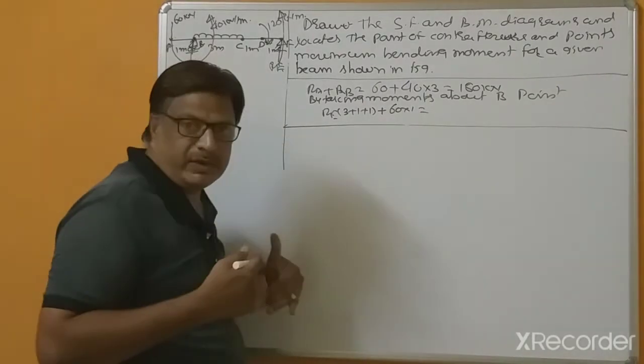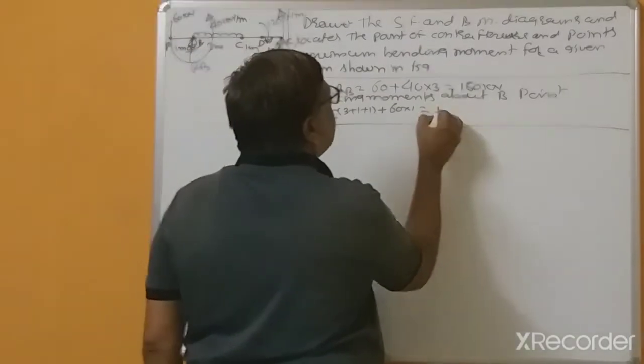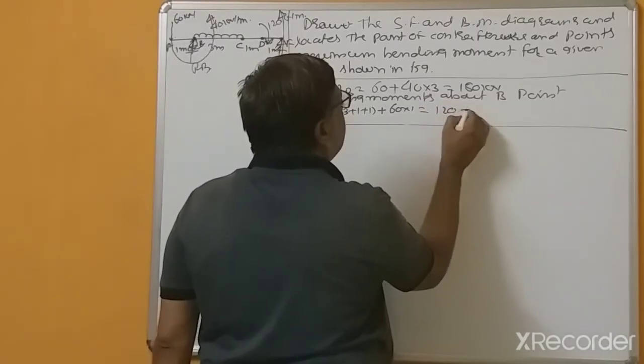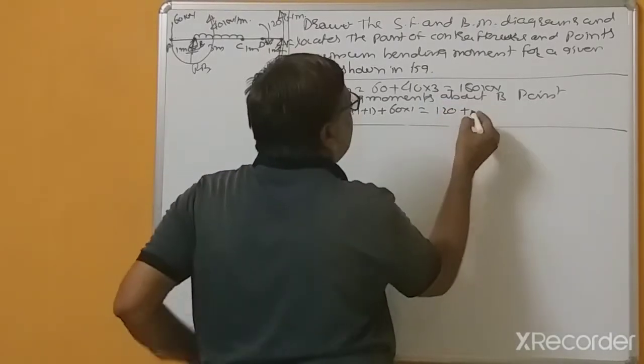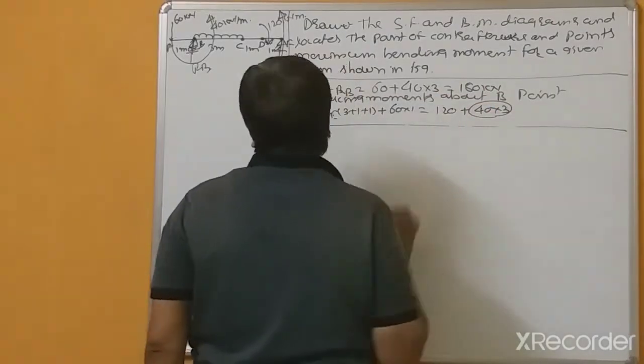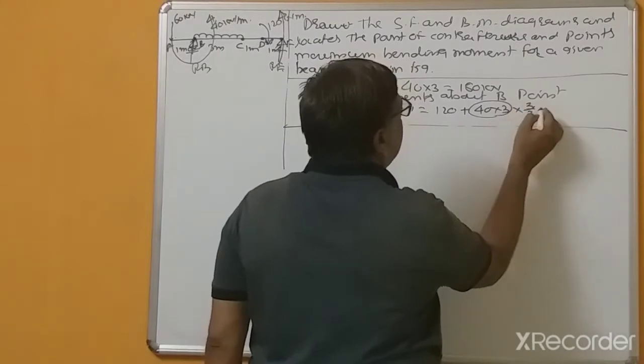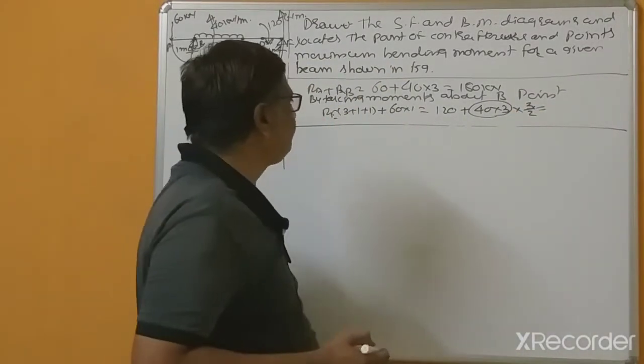These anti-clockwise moments are balanced by clockwise moments: 120 kilonewton meter plus 40 kilonewton multiplied by 3, this is shear force, and half of its distance, 3 by 2.